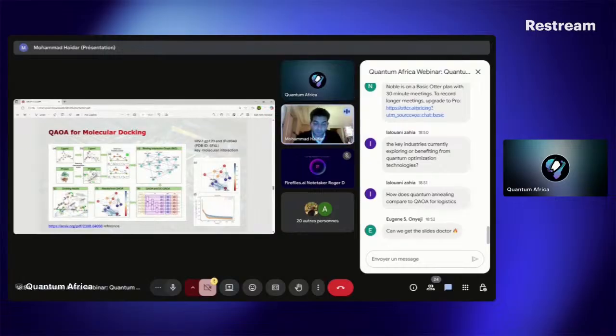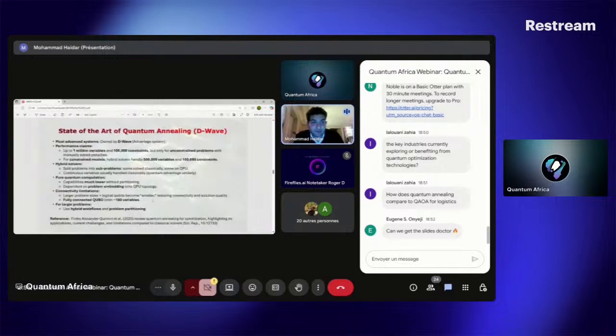How does the quantum annealing compare? Okay. So both of them should arrive at the same solution, right?